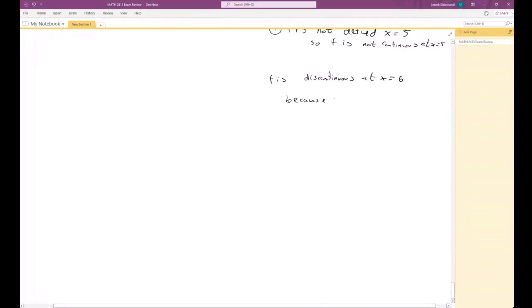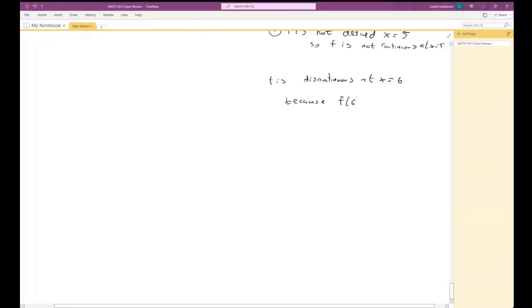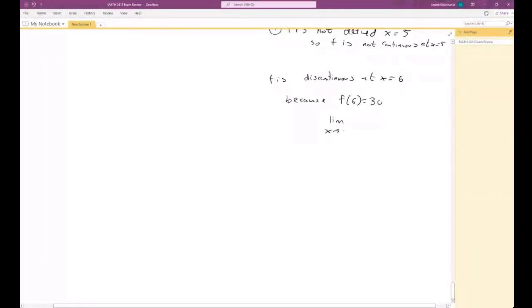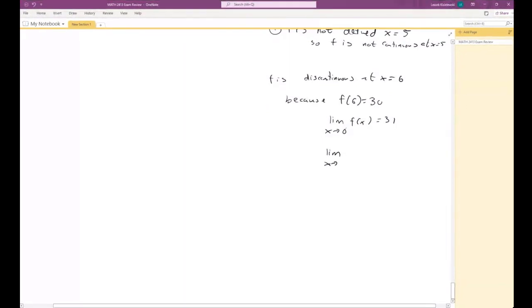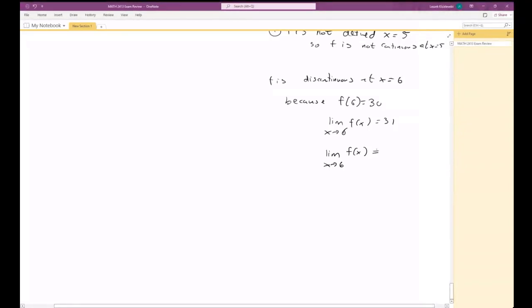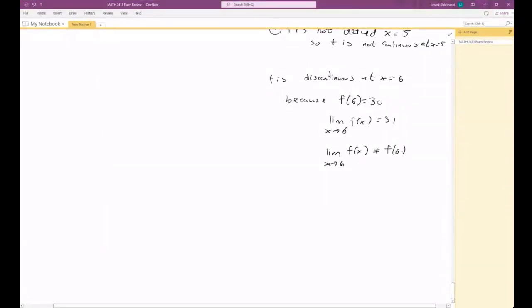Because even though the function at 6 is defined to be 30, and the limit exists as x approaches 6, I believe the limit would be 31. Since the limit as x approaches 6 of our function does not equal what the function actually is at 6, it's reason number 3, right? The function is discontinuous there.